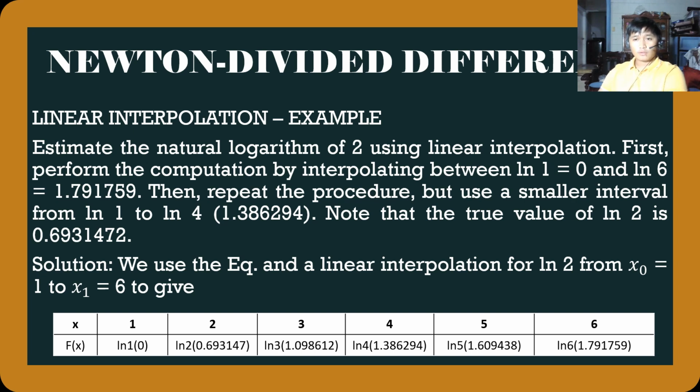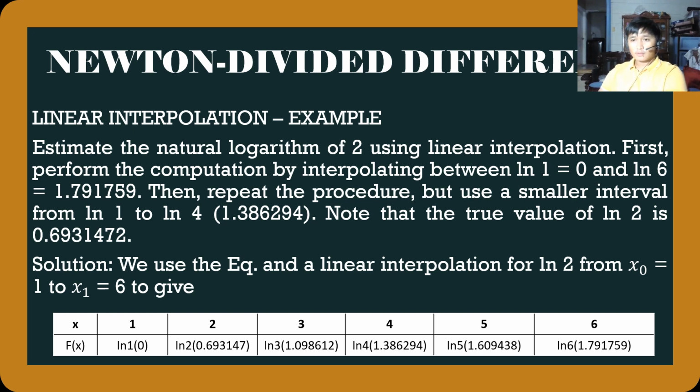Note that the true value of ln 2 is 0.693147. Okay, solution. We use the equation and linear interpolation for ln 2 from x sub 0 to x sub 1.